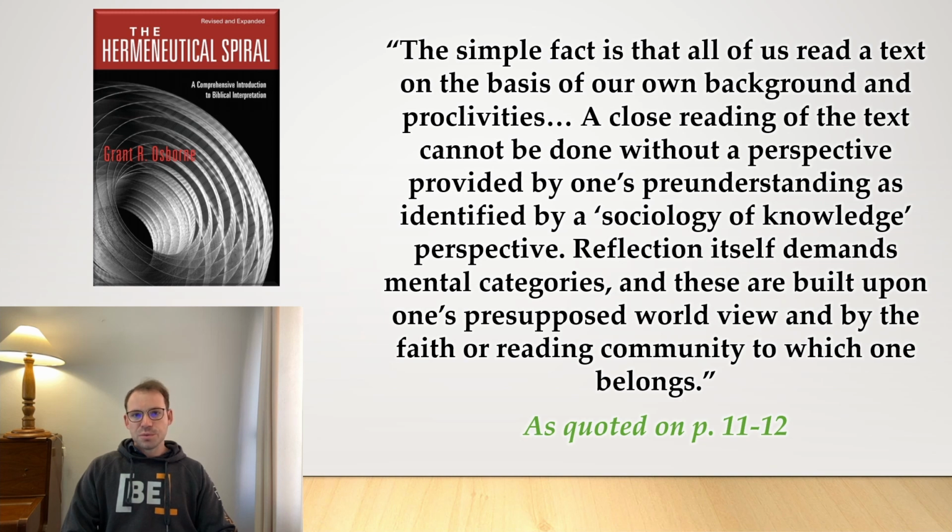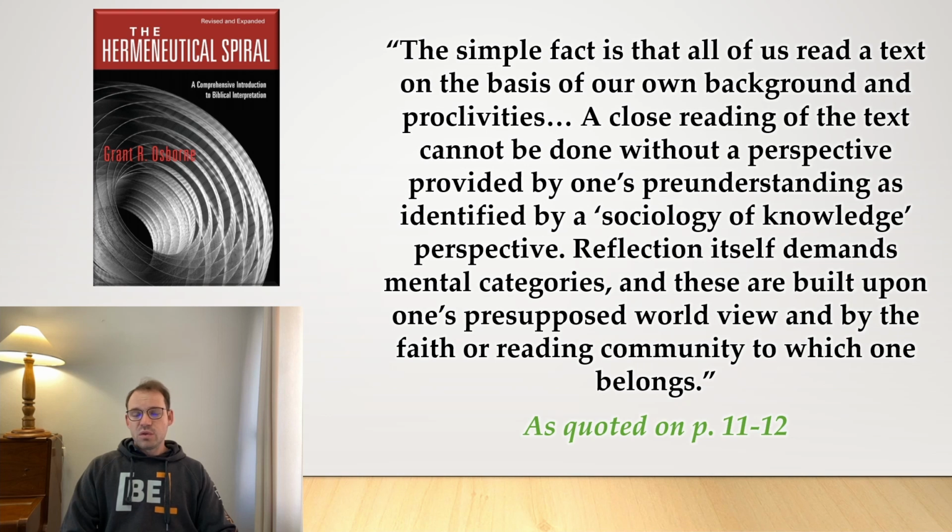So Grant Osborne introduces exactly the same idea, that we have our own pre-understanding, our own, what he calls, sociology of knowledge perspective, or our own presupposed worldview, and because of that we cannot really arrive at the one correct interpretation or meaning of the biblical text.